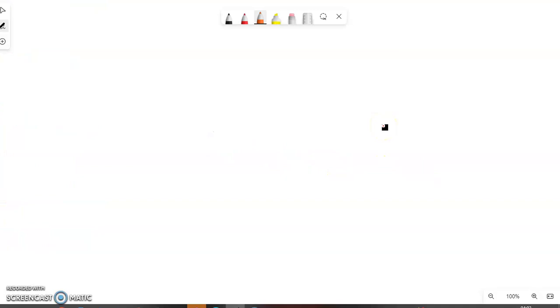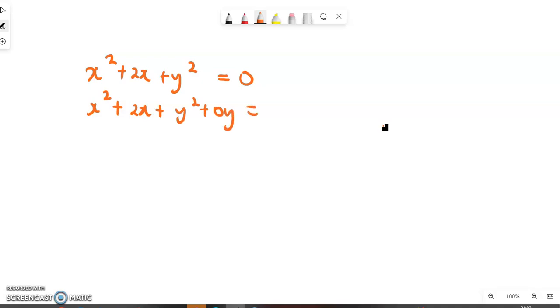Alright, let us say our given equation is x squared plus 2x plus y squared is equal to 0. So this can be represented as x squared plus 2x plus y squared plus 0y is equal to 0. Alright, so let's just complete the square.